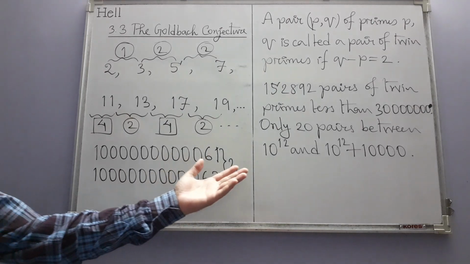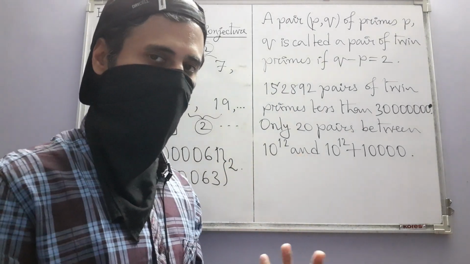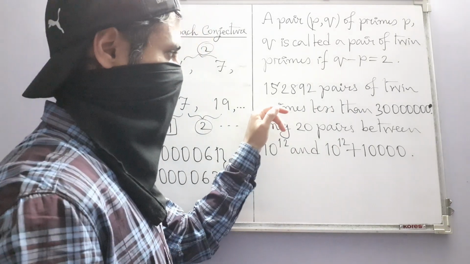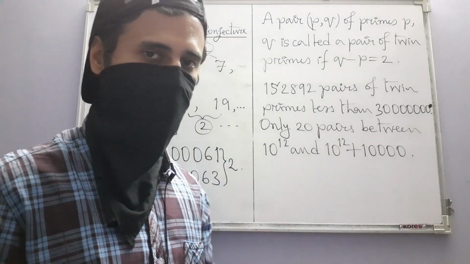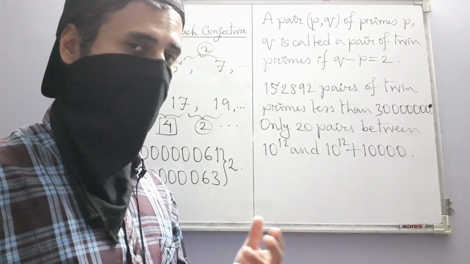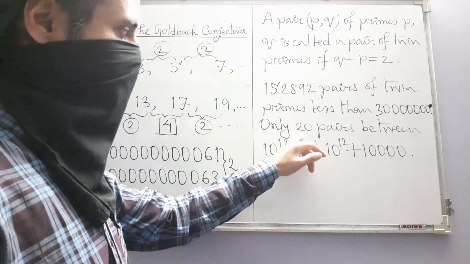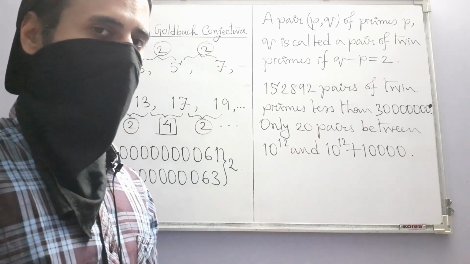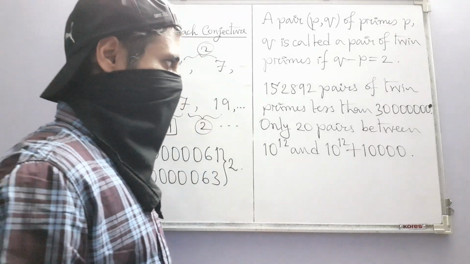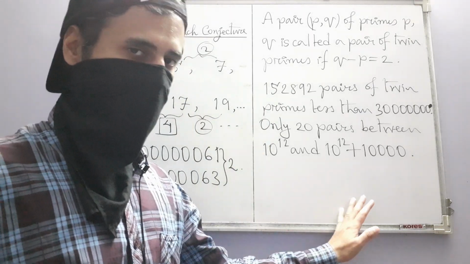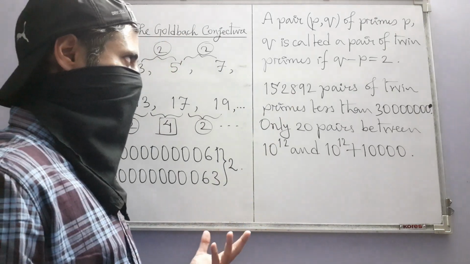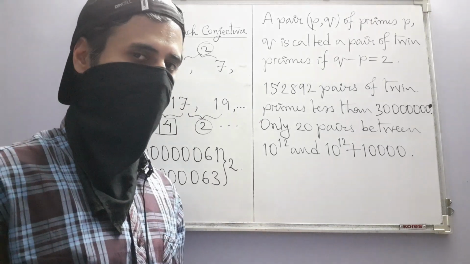So this gives you a guess that they become more and more scarce as you go further and further down the sequence of integers. The number of twin prime pairs that you are going to get, on the average, becomes scarce. But in spite of that apparent scarcity, the numerical evidence is so overwhelming that mathematicians have come to guess that there are infinitely many.